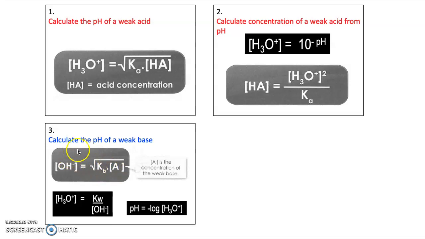Once you've got your hydroxide concentration, you then need to convert that to the hydronium concentration, using the 1 times 10 to the minus 14 for Kw, divided by the value that you got in your first step.